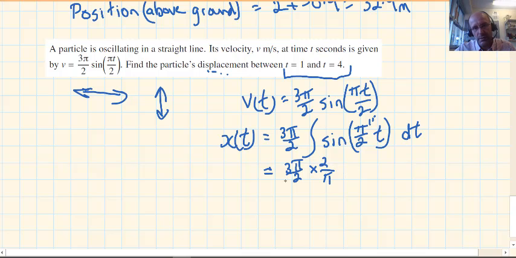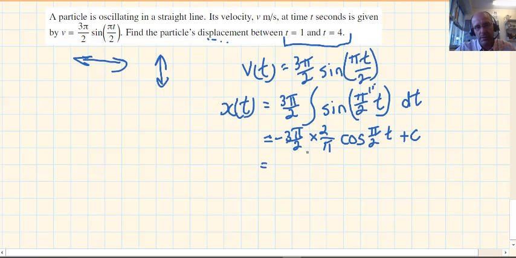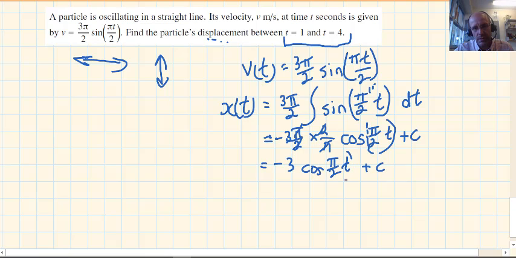The integral of sine is negative cos, so that's all going to be negative cos of pi on 2 t, plus c. Simplifying on the next line, the 2's cancel, the pi's cancel, and we've got negative 3 cos pi on 2 t plus c.